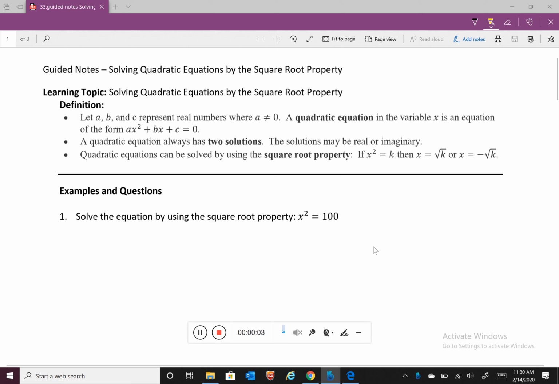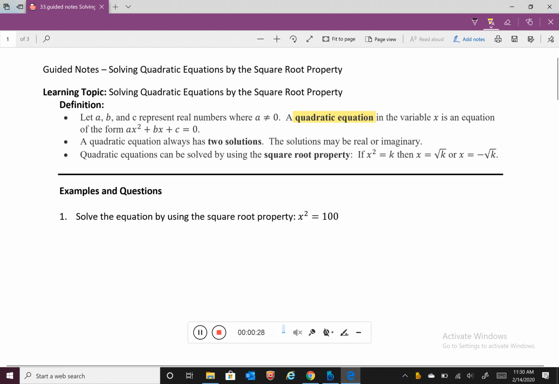The next method for solving quadratic equations that we're going to focus on is solving quadratic equations by the square root property. Reminder, we're going to let a, b, and c represent real numbers where a is not 0. And so a quadratic equation in the variable x is an equation of the form a times x squared plus b times x plus c.